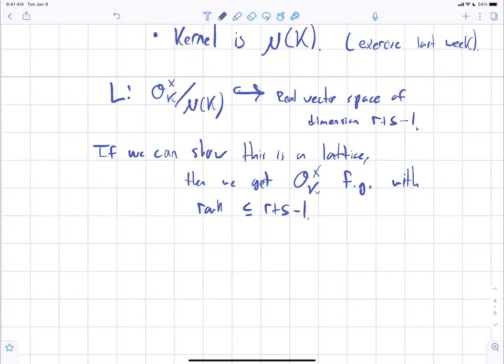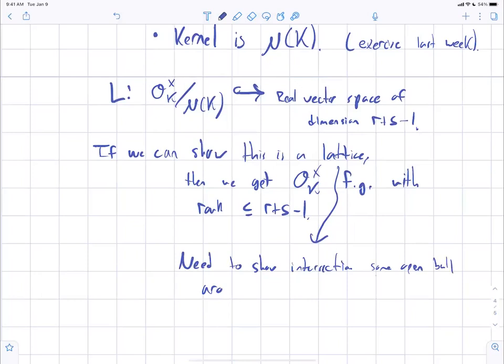To show it's a lattice, you just need to show the intersection with some open ball around 0 has finitely many elements.